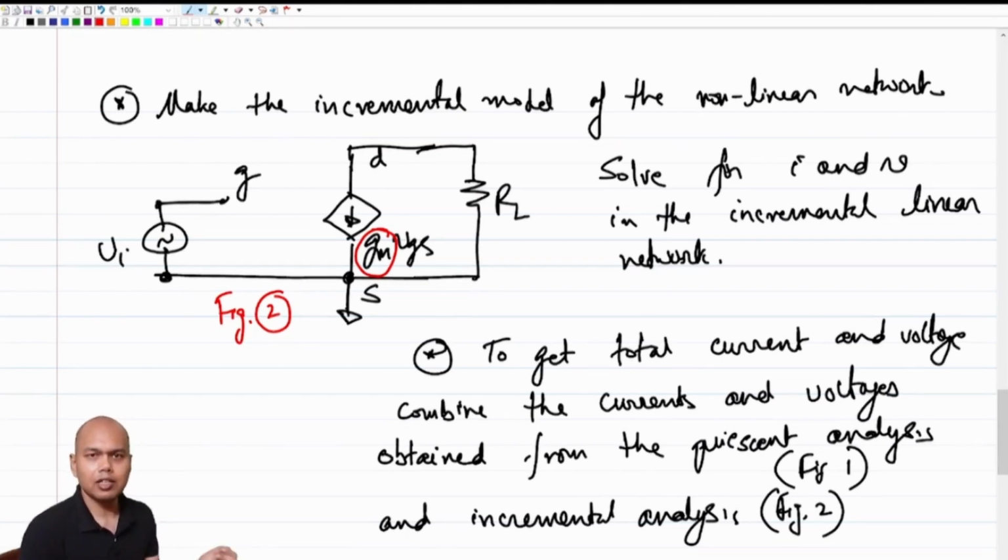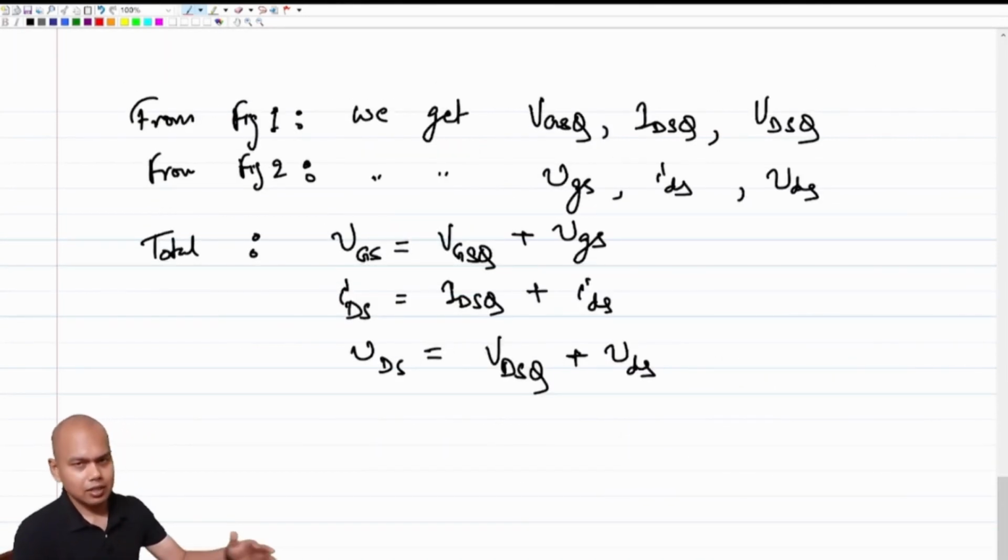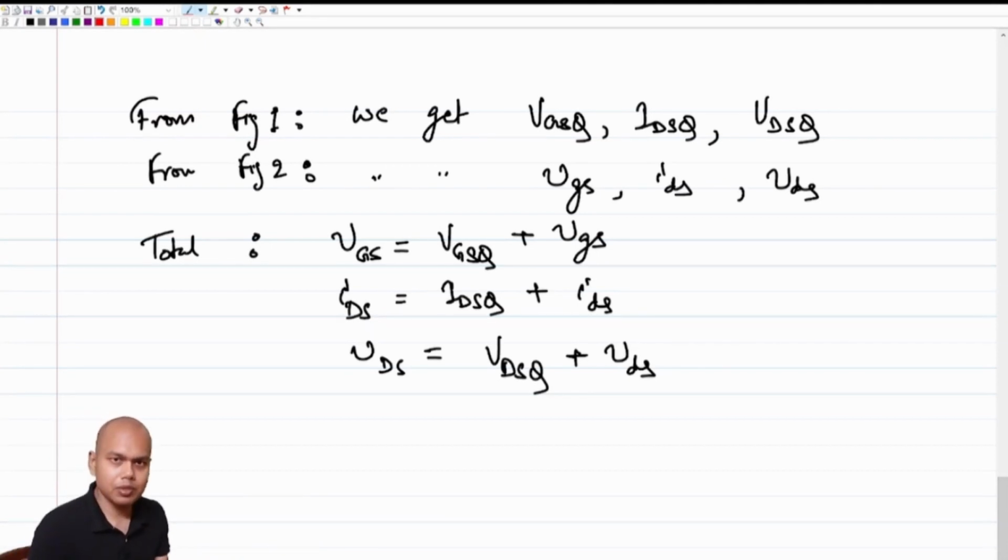And what does gm depend on? gm depends on the quiescent condition of the primary network. So the value of gm will change if you change the quiescent condition, but the analysis procedure, or the steps that we go through, doesn't really change.